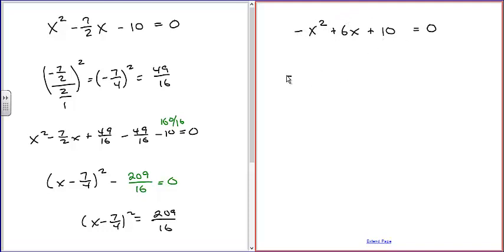So what we do is we factor the negative sign out. So you'd have negative times that, but if you factor the negative out of that, you get -6x. So they change sign. When you say factor out a negative, this will become positive, this will become negative. Now we don't do anything with the 10, we just put it over here by itself.